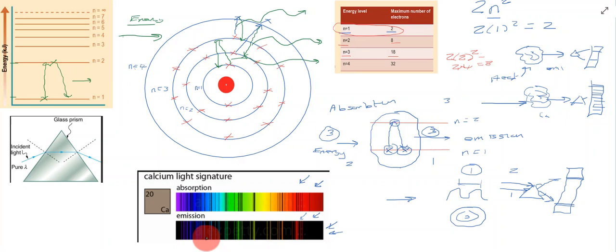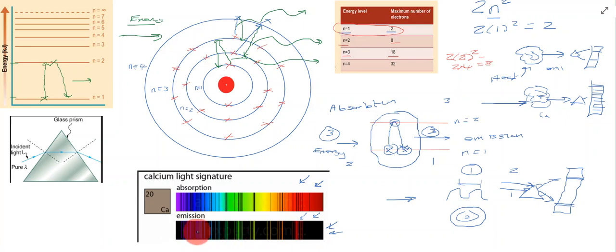And then what you see is that these lines are like an average of all of the different atoms. So let's say this line here could be created by 1 million atoms of calcium being excited up, their electrons being excited up to a particular energy level and then coming back down. And then the same here as well.